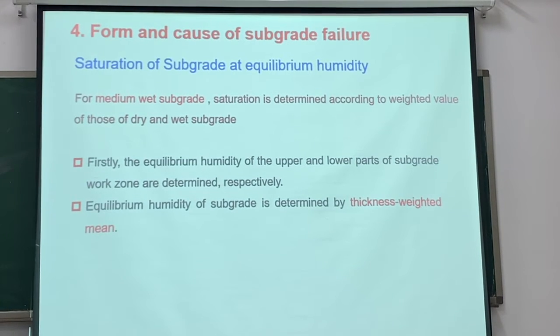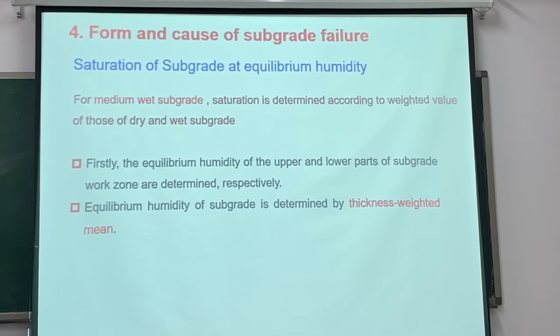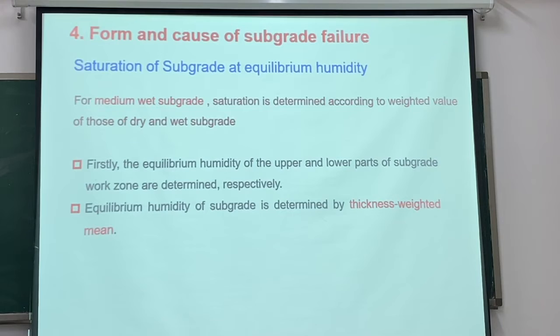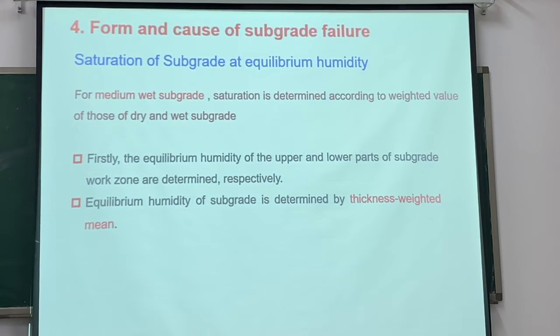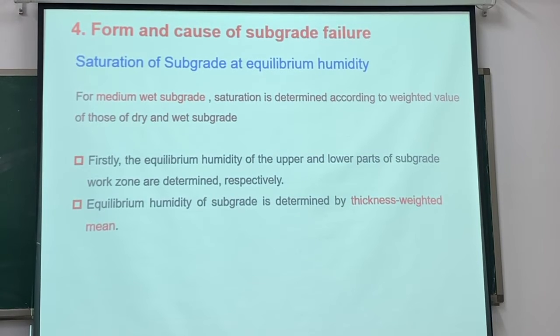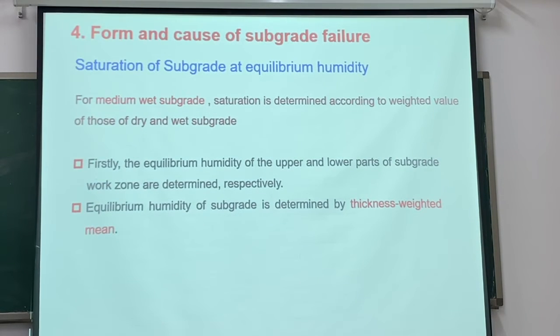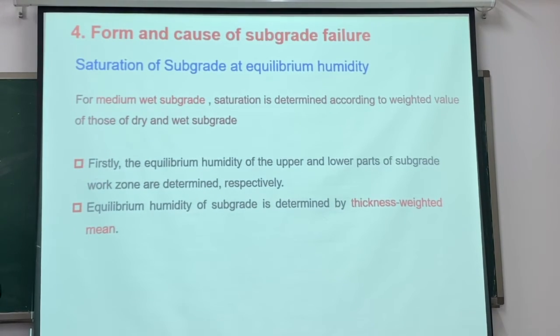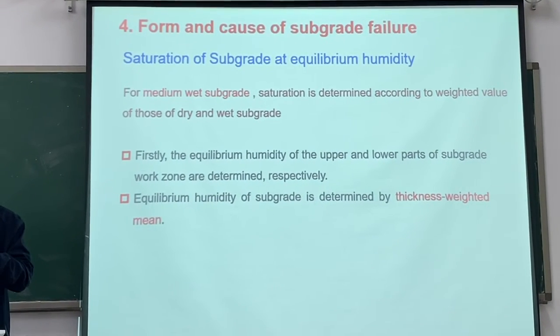But for wet subgrade, we can only consider the water level influence. But for dry subgrade, we can only consider the climatic factors. We just need to know the TMI and the different groups of soil to determine the saturation.